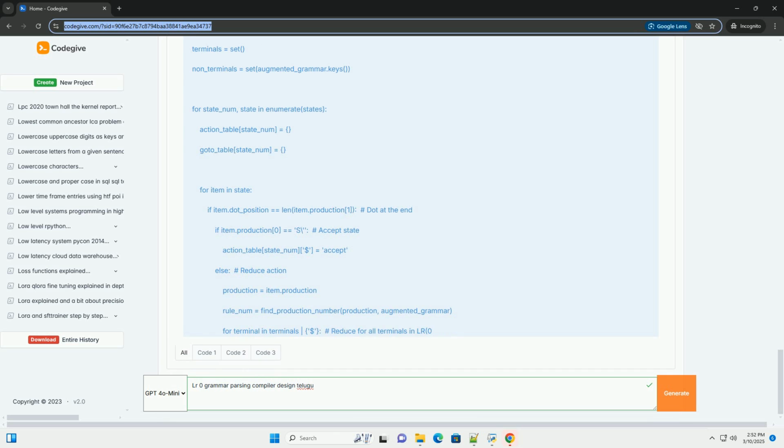Item: a production rule with a dot at some position on the right-hand side. The dot indicates how much of the rule has been seen so far. For example, A → .BC, A → B.C, and A → BC. are all items for the production rule A → BC. State: a set of LR0 items.